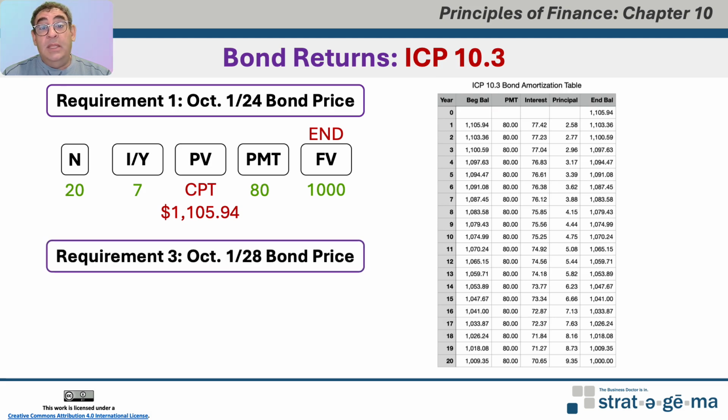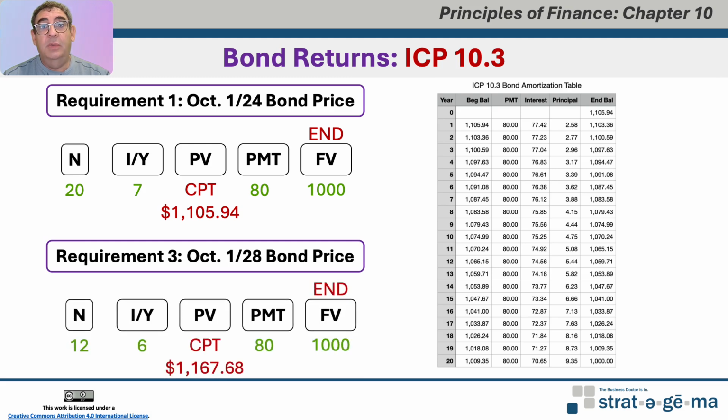For requirement 3, to determine the bond price at October 1st, 2028, with the revised yield to maturity, we have to enter 12N because that's how many payments are left, 6IY, leave the payment at 80 and the future value at 1,000, compute PV, we get 1,167.68. So that's how much we would sell the bond for 3 years after we purchased it.